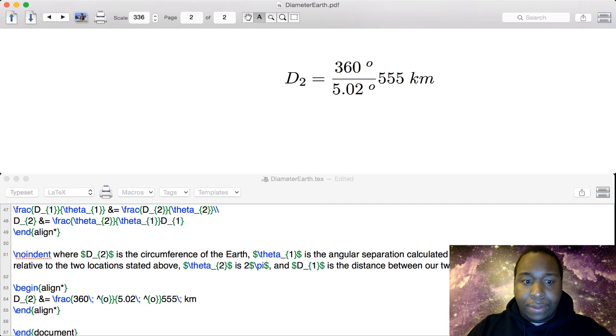So 360 divided by 5.02 times 555. And so we're now getting 39,800 point, and because we're using two decimal places, I'll keep it out to 0.8.